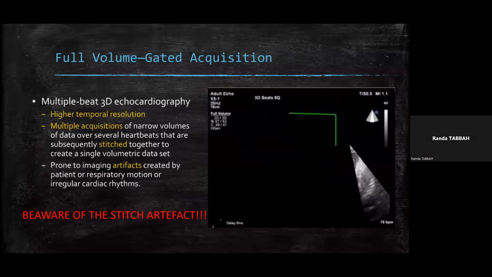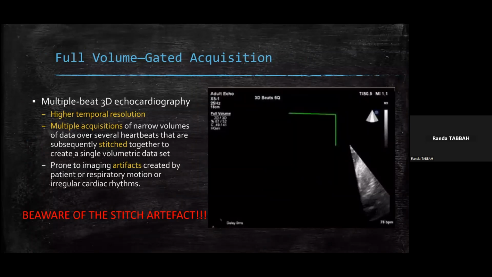And also we talked about the multiple beat 3D echo. The multiple beat has a higher resolution. It gives us a better idea of the LV ejection fraction. But the only issue in these cases is when we have patients with cardiac arrhythmias or respiratory issues.